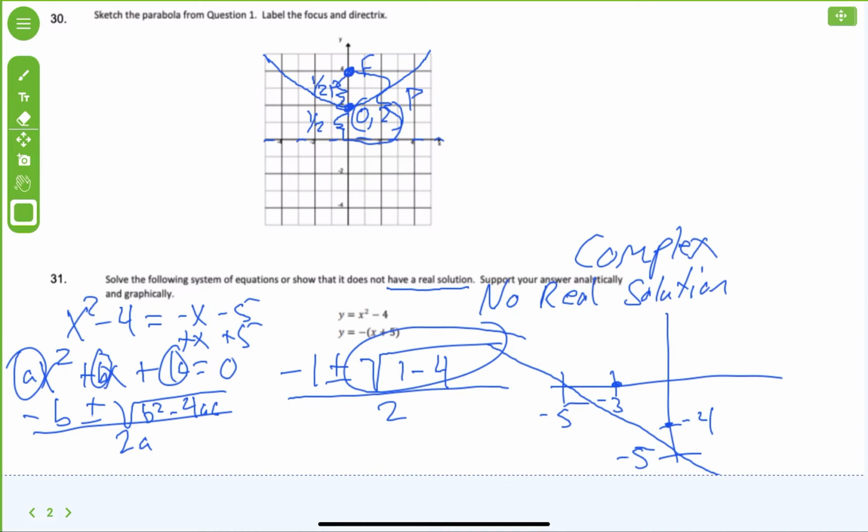And if I plug in a +1, I have 1 minus 3, so it doesn't matter. Oh no, my fault. I did not do that correctly. That's not a -3. Let me do this again here. If I plug in a 1 for x, I get 1 minus 4, which is -3.